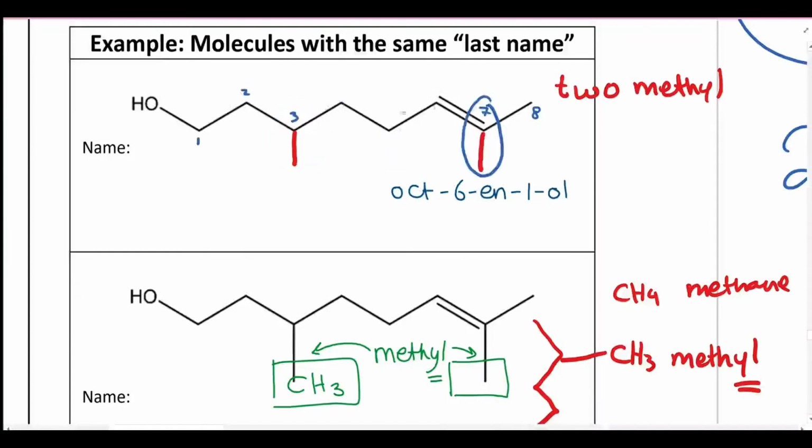So I'm going to erase everything else, just 3 and 7 for clarity. So I have 2 methyl groups in position 3 and position 7. So how do we add the name to this particular structure? Well, we simply have to add a 3,7 to denote the location, dash, dimethyl.